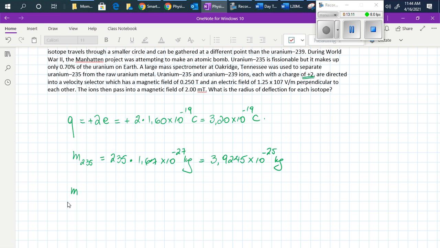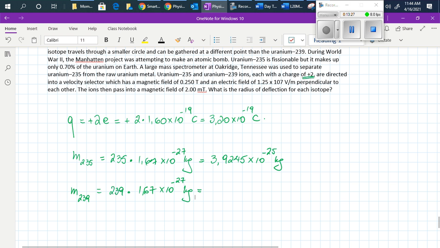And the mass of 239 will be 239 times 1.67 times 10 to the power of -27 kilograms, which will be 3.9913 times 10 to the power of -25 kilograms. Okay, so this is the information that we gather from the question.